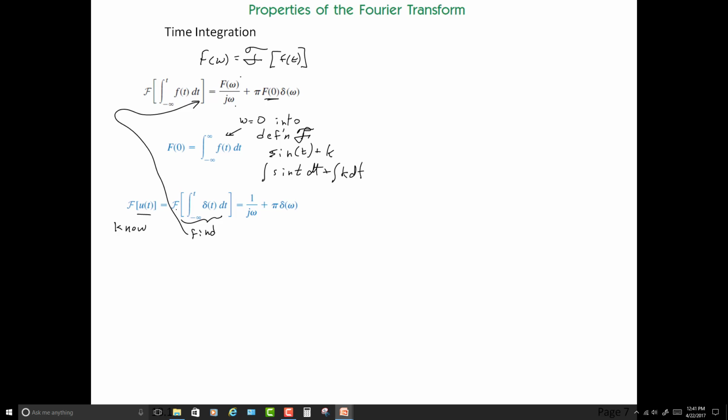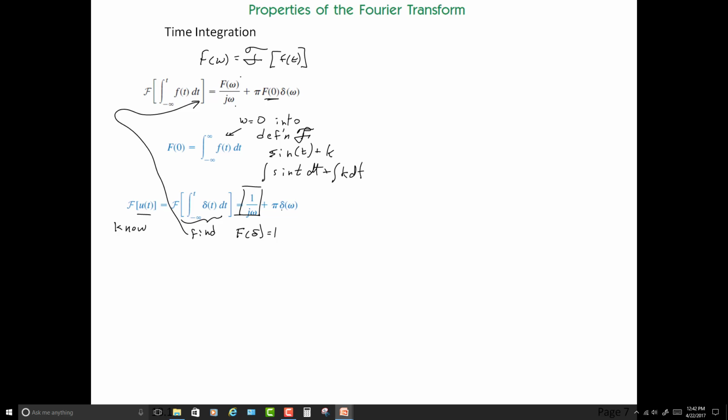What is it? It's the integral of the delta function. So the Fourier transform of the delta function is 1. So here's that first term, f of omega over j omega. And then the second term is just f of 0, which is 1, because it is.